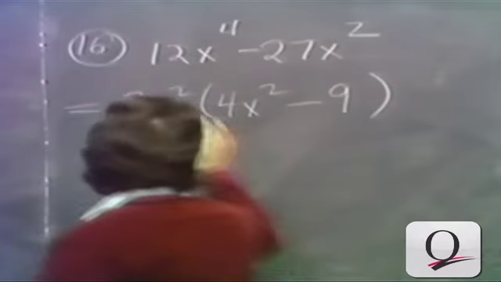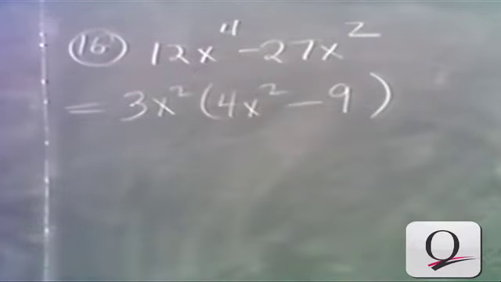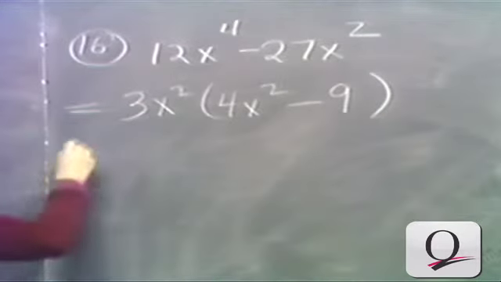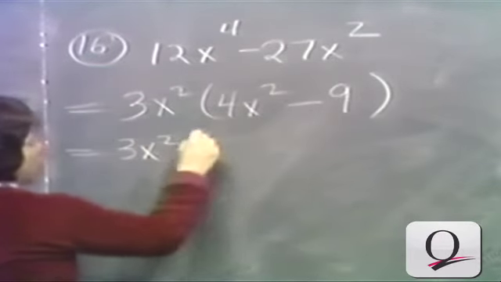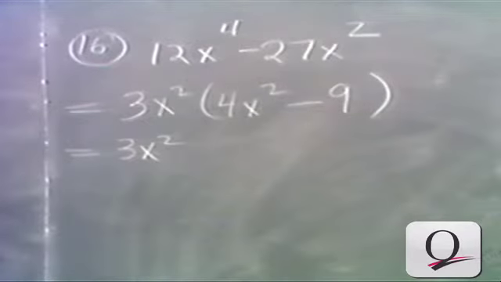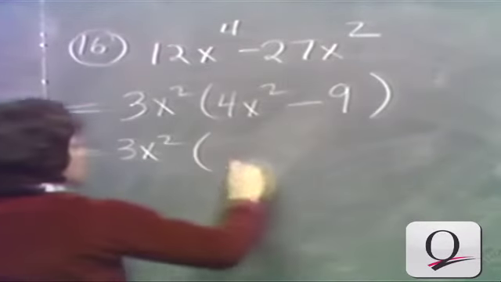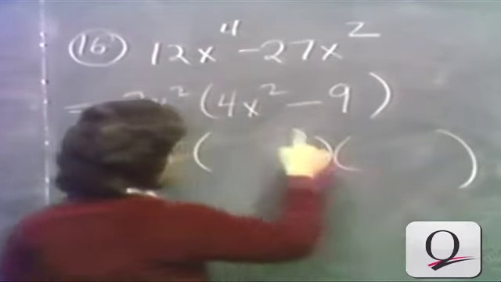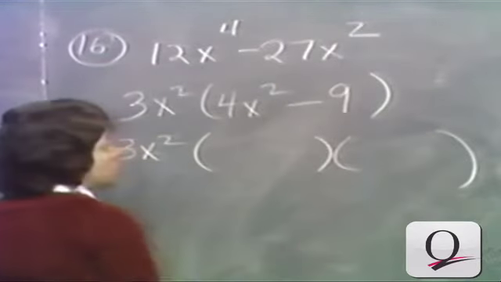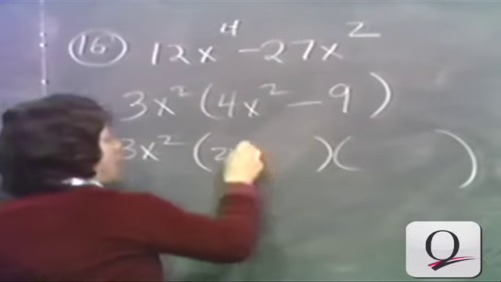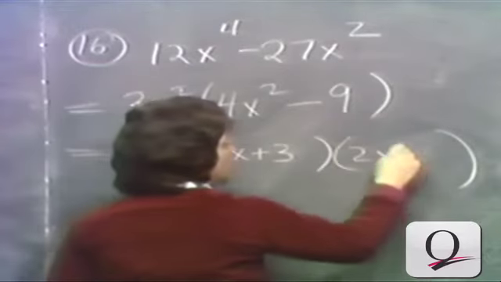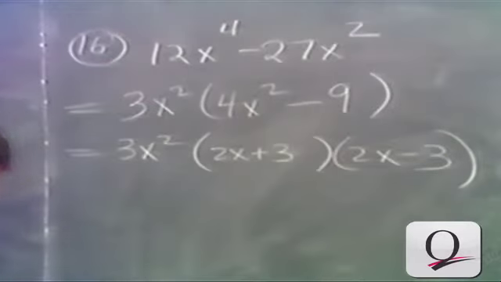Now, we are not finished at this point. This factorization is not complete. It said factor as far as possible. We notice that 4x squared minus 9 is itself the difference of two squares. So think of this as a squared minus b squared. We can write this as a plus b times a minus b. And now we have taken it as far as it goes.